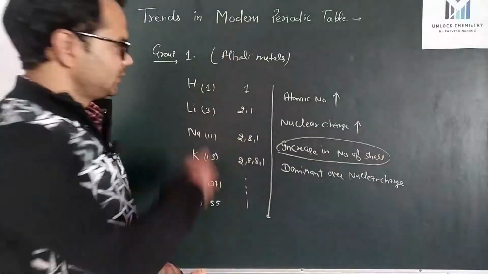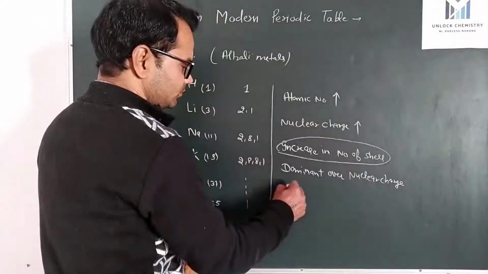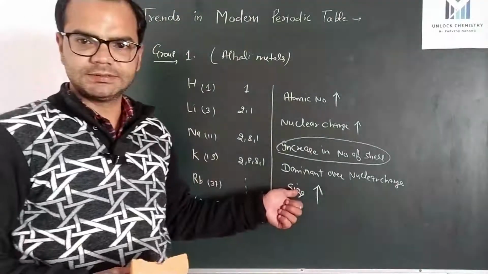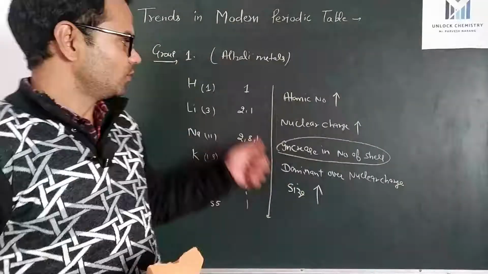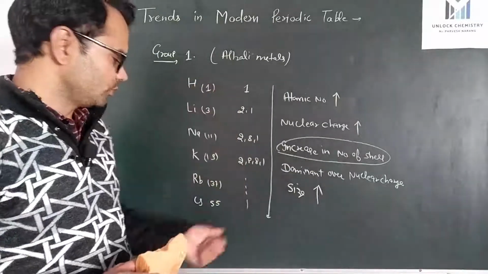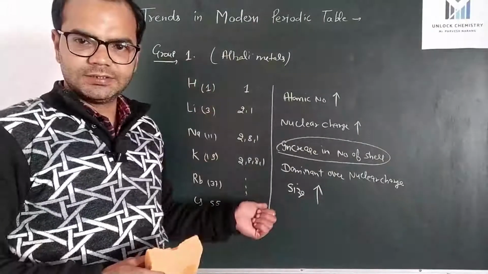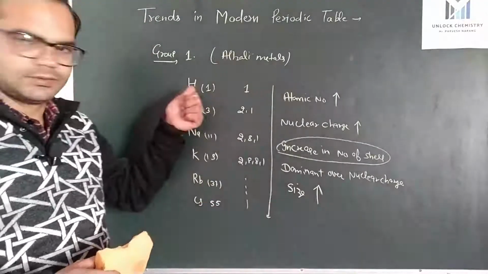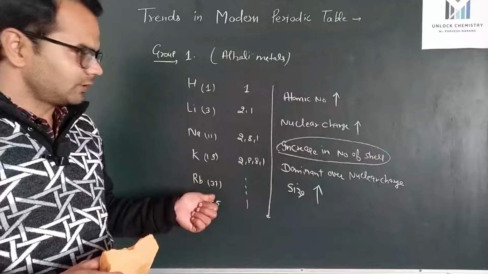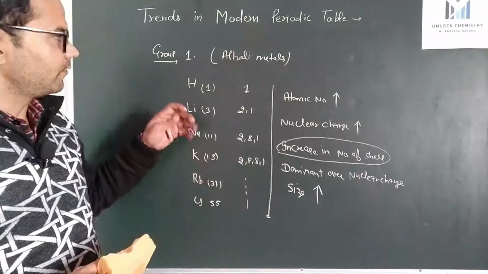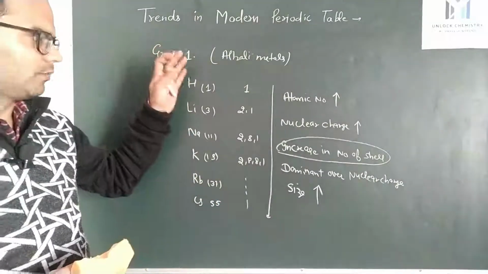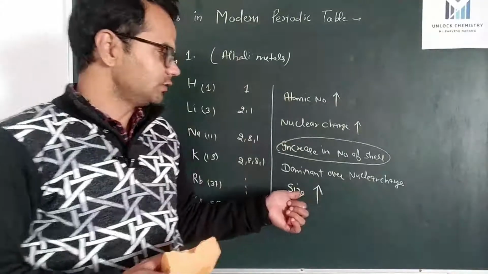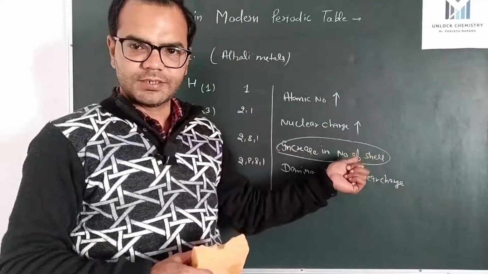So we can say down the group atomic size increases. So if we move from hydrogen to cesium, there is a gradual increase in atomic size. Cesium is the largest element of group 1, right? So this is the trend number 1, how atomic size or atomic radius varies in a group. It gradually increases, and reason is due to increase in number of shell.